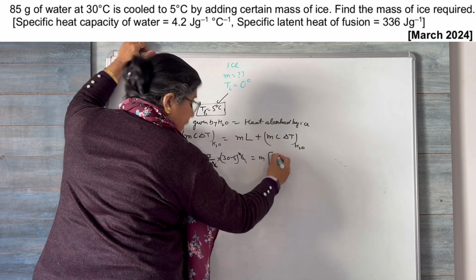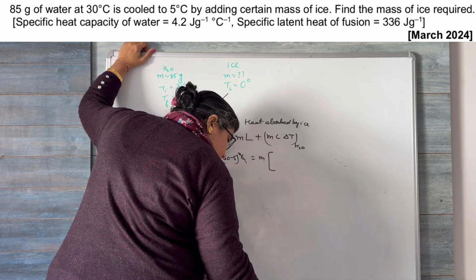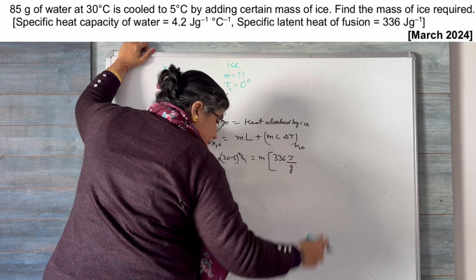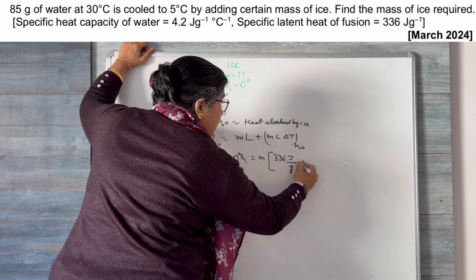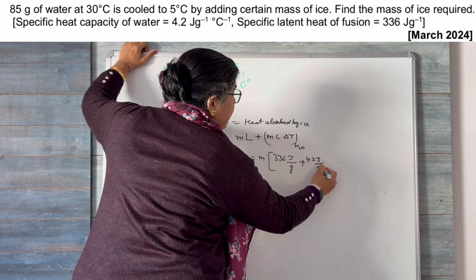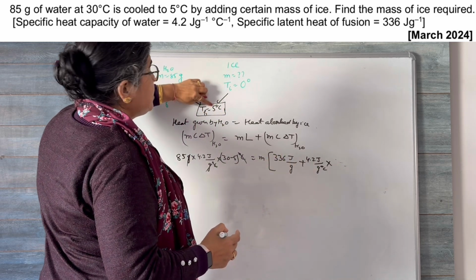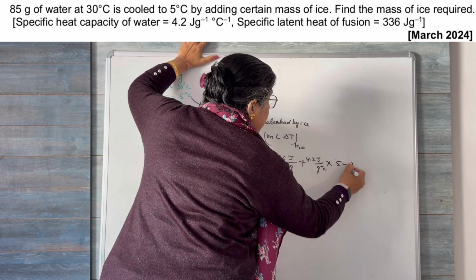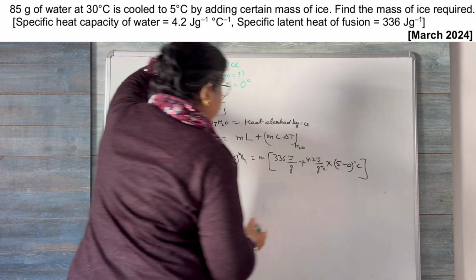Mass common, latent heat is given to you as 336 joule per gram, plus mass is common, c is again 4.2 joule per gram per degree centigrade. Change in temperature of ice, remember higher minus lower, 5 degree centigrade.